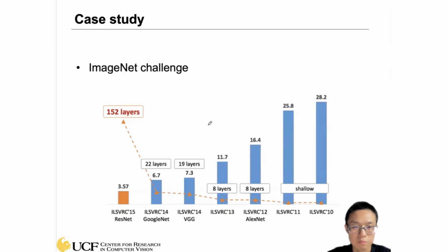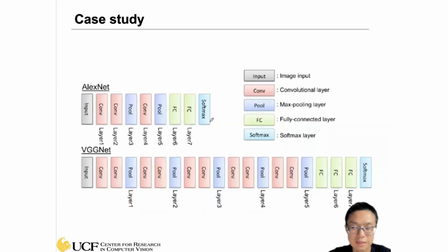So finally, I just want to briefly mention a couple of classic or widely used deep convolutional neural network architectures. First is AlexNet, which got deep learning very popular and exciting due to its success in winning the ImageNet competition.